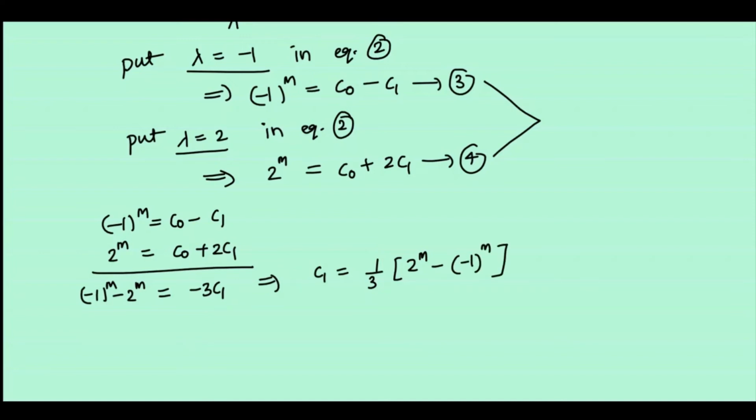So I got the value of C1. Substitute the value of C1 in any one of these equations and we will get C0. So C0 is equal to 1 by 3 times (2 raised to m plus 2 into minus 1 whole raised to m). Once we got C0 and C1, we substitute them in equation number 1.